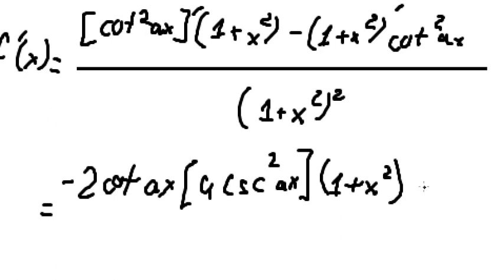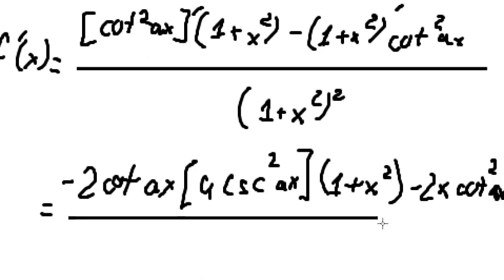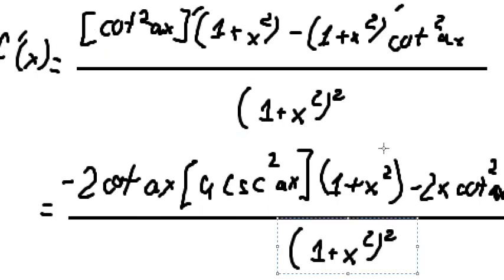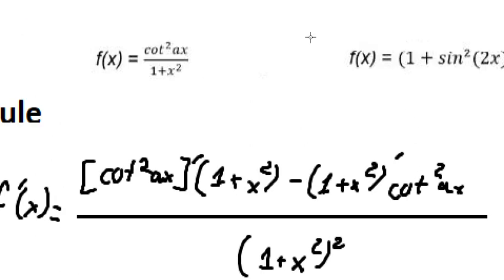This one we have negative 2s over 1 plus s squared to the power of 2. And now we go to the last one.